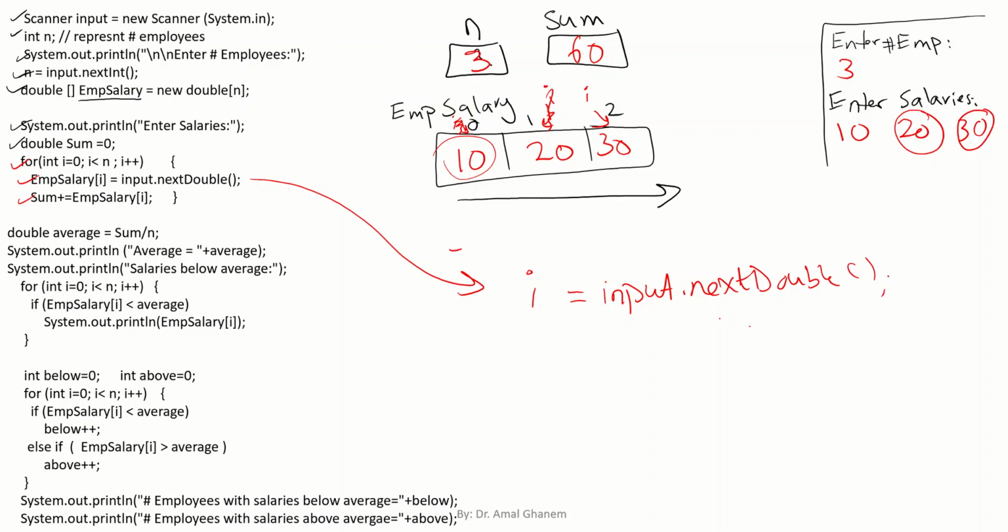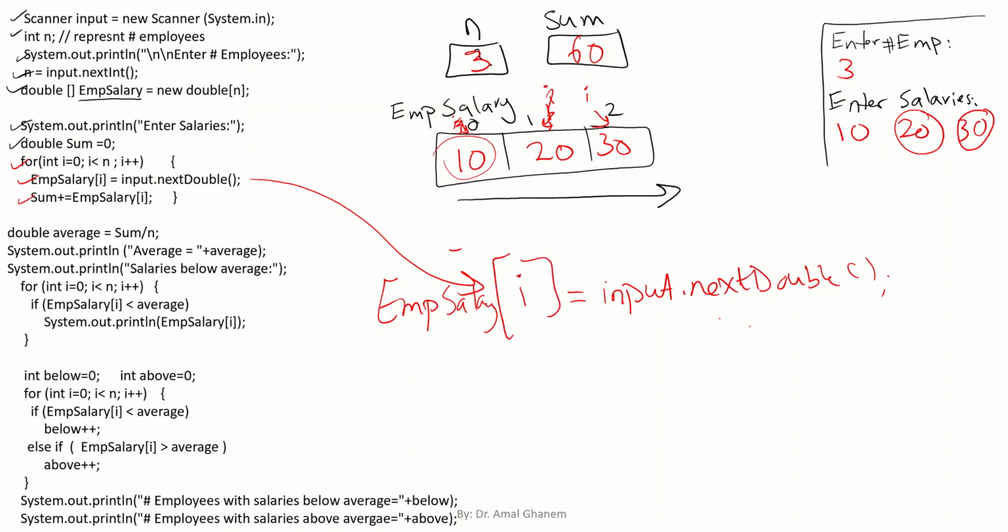The reason is that we are not reading the value of I, we are reading the value inside I. That's why I have to say the name of the array, employeeSalary bracket I. The second common mistake is, remember, do not say only the name of the array, because if you say only employeeSalary equal input.nextDouble, this will give you a compiling error, because you always need the location, in which bracket and which location. That's why we need here to say bracket and I.